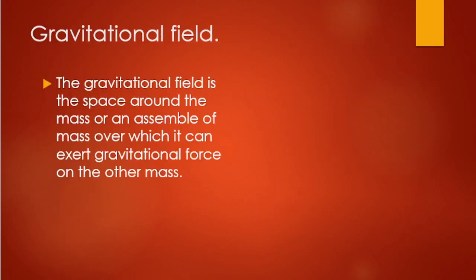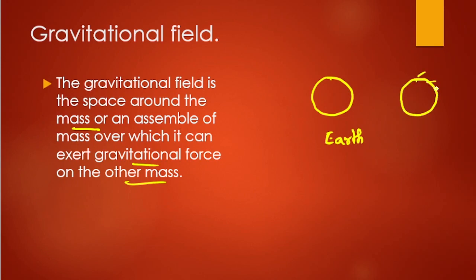Initially, we will be dealing with gravitational field. So what is gravitational field? The gravitational field is the space around a mass or assembly of masses over which it can exert gravitational force on another mass. For example, this one is your earth, and we are also having the sun.